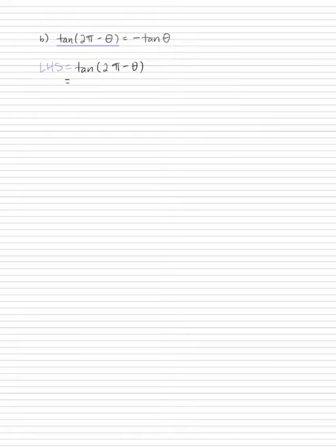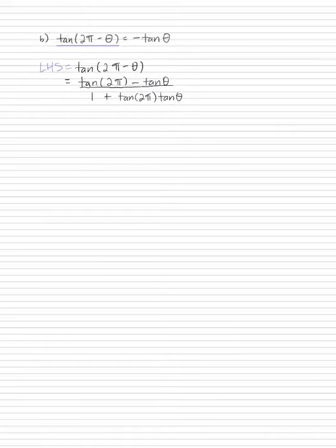Okay, so let's use the formula of tangent of alpha minus beta, which is tan of 2 pi minus tan of theta, whole thing over 1 plus tangent of 2 pi, and then tangent of theta.